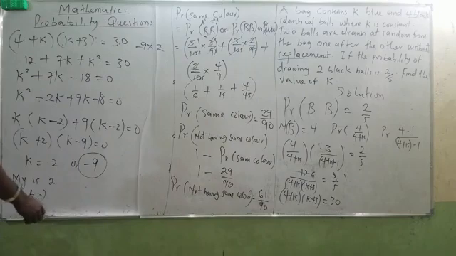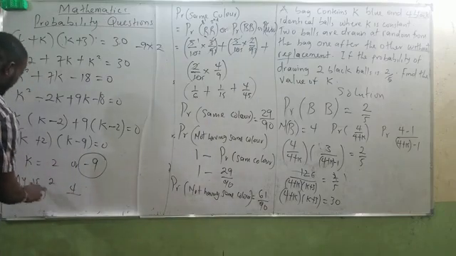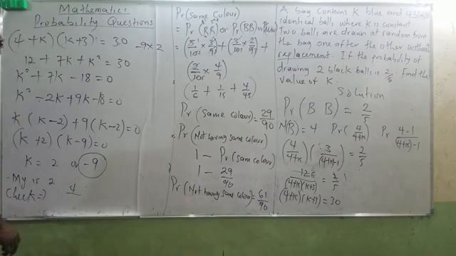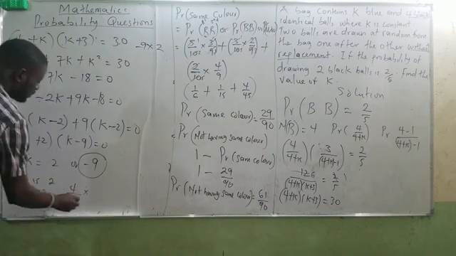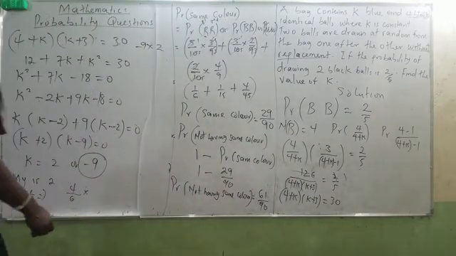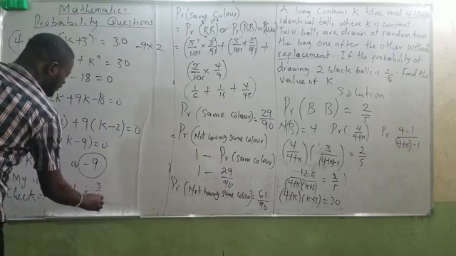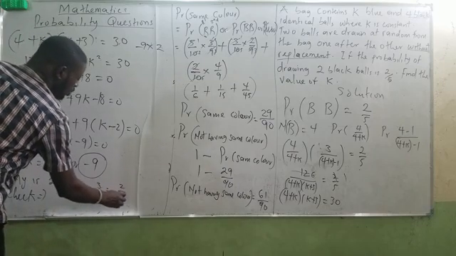I have 4 divided by, what is my k? I have k is 2, which will be 6 multiplied by, and 3 divided by 5. Can it be equal to 2 all over 5?